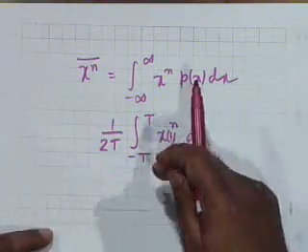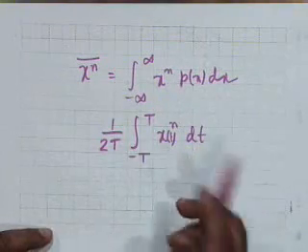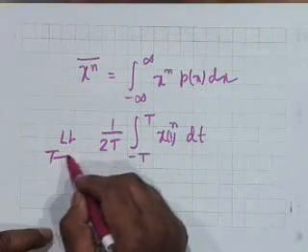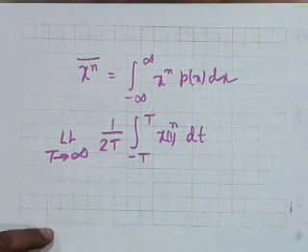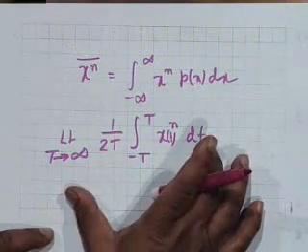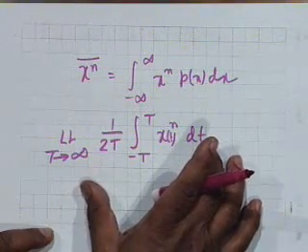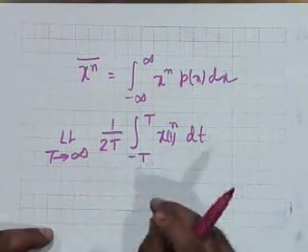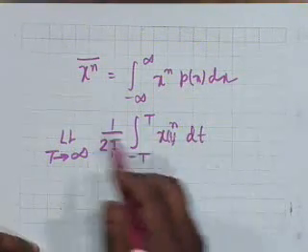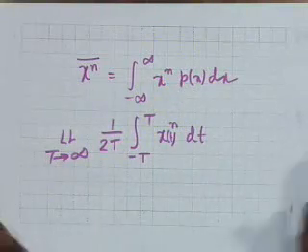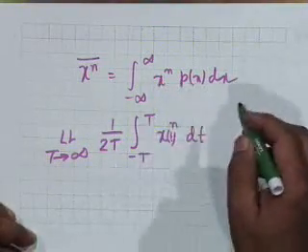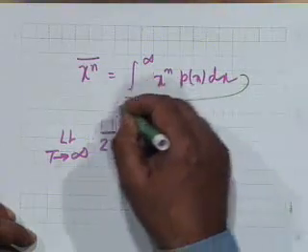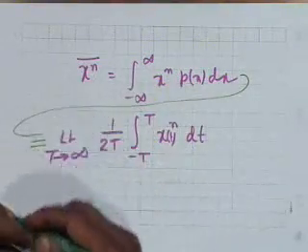I've taken the integral from minus T to plus T, and then allow T to go to infinity. This is the time average of one of the samples, isn't that right? I concentrate on one random time function. Now, an ergodic process is characterized by these two quantities being equal.